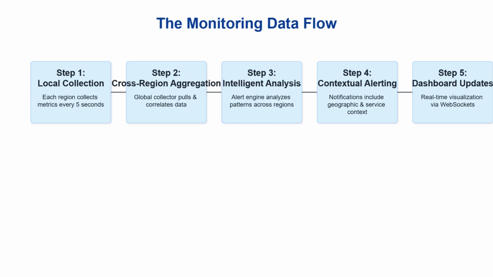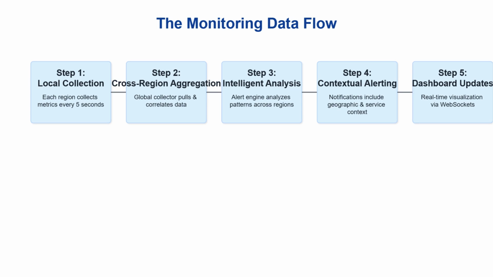This data then moves to cross-region aggregation. The global collector pulls all this information from every region, immediately beginning to identify patterns across your entire distributed system. Next, the intelligent analysis phase kicks in. The alert engine evaluates these patterns.